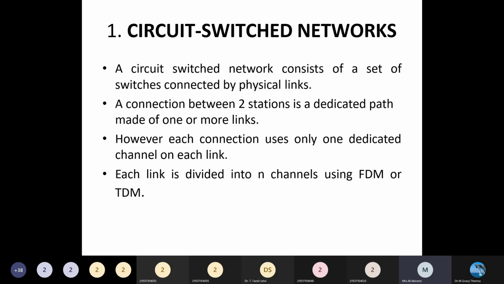So the connection between two stations is established by identifying a decided path between two or more physical media. Once the connection is established, the decided path continues to exist until the connection is terminated.